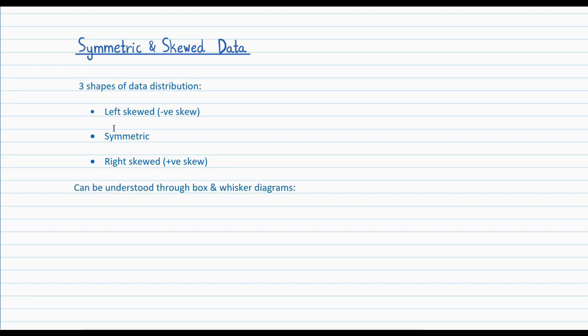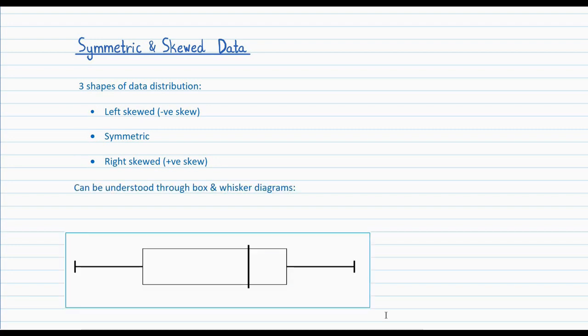So first you have left skewed data, whose box and whisker diagram would look like this, where the key characteristic is the left half of the box will be bigger than the right half. And the technical way to think of this is that the median is closer to the third quartile.